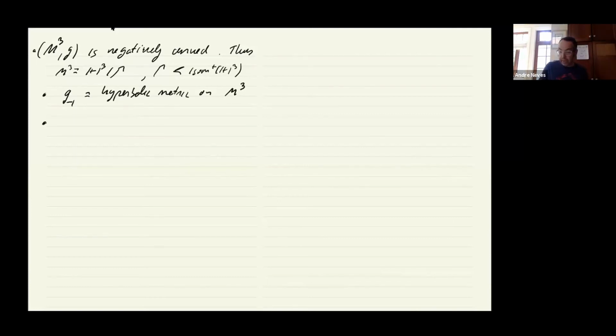Let me remind you of a celebrated result regarding the behavior of geodesics in negatively curved manifolds. Let's consider this quantity, called the entropy.